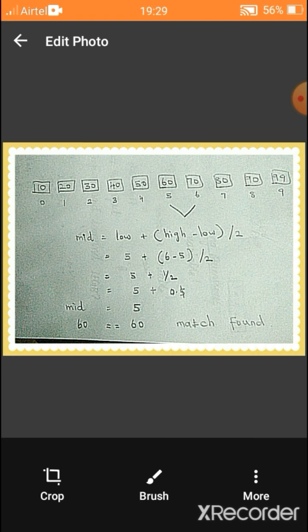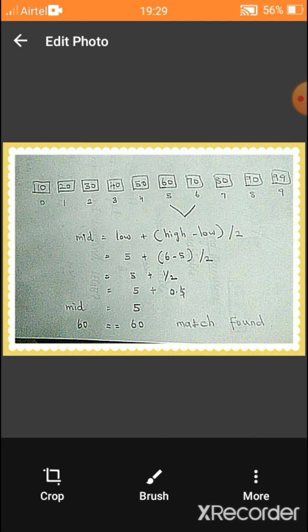Take index 5 and 6 alone. In these two indexes, the lowest value is 5, the highest value is 6. So apply the formula: 5 plus, highest index value 6 minus 5, divided by 2. 6 minus 5 is 1. 1 divided by 2, then we will get 0.5. So in this division, we have to omit the fractional part and take the integer part alone.